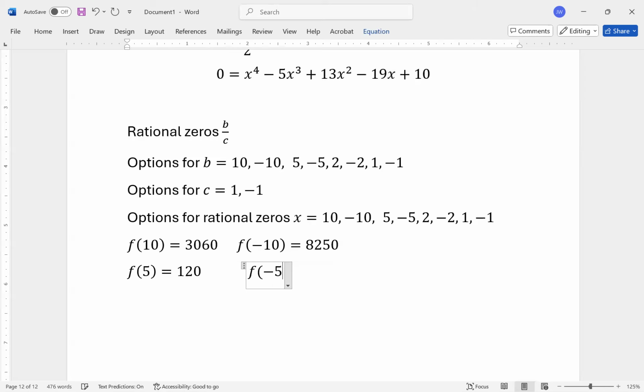If I plugged in a -5, I believe I get 840. If I plug in a 2, I get a 0. That's great. Now I found a 0. If I plug in a -2, I get 78.